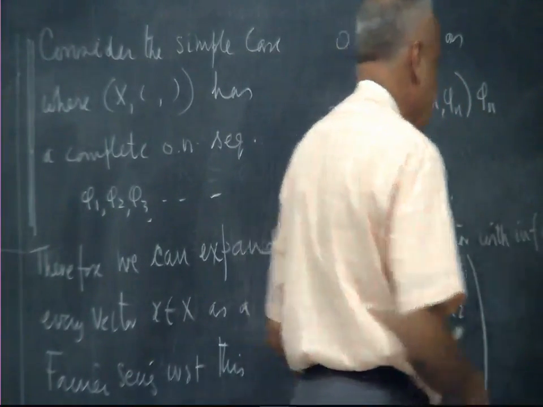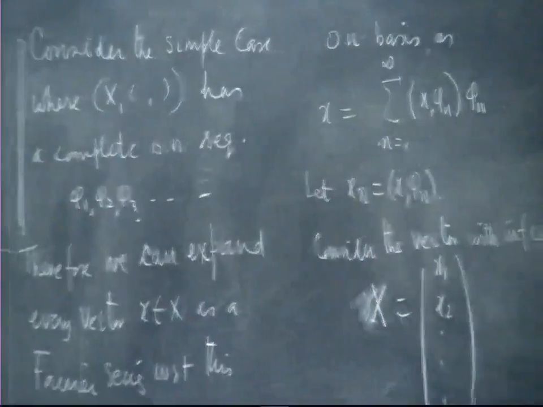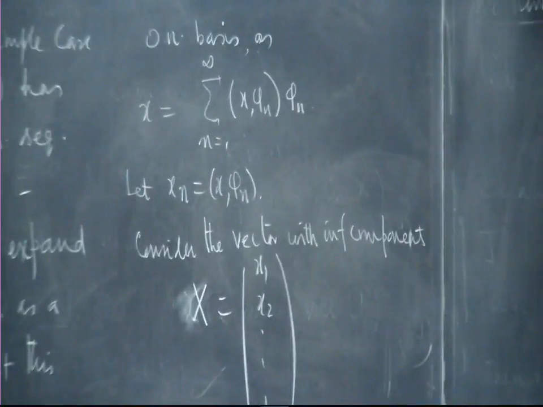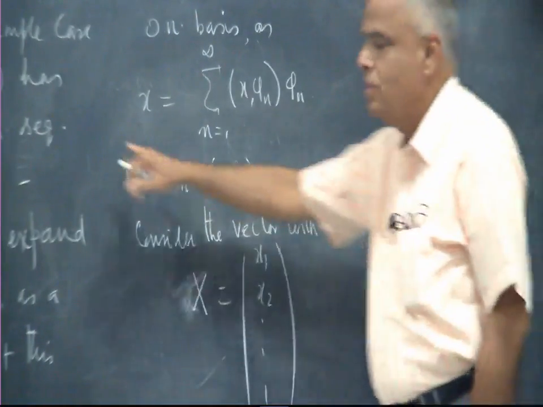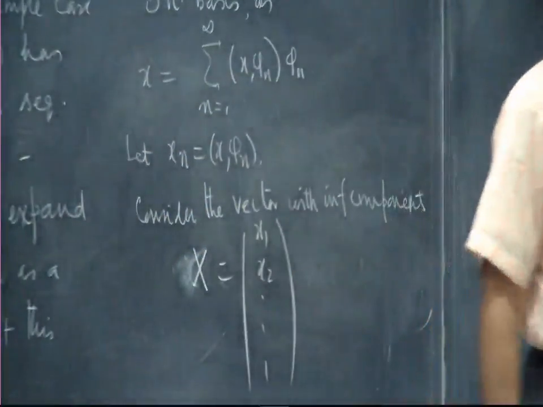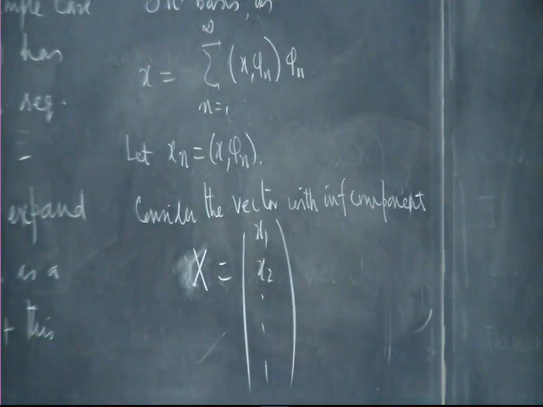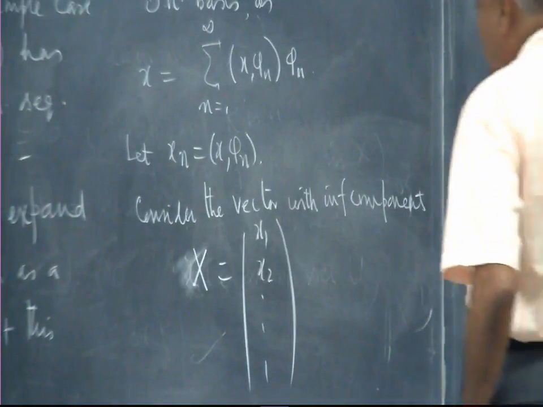What does that mean? If you are given an orthonormal sequence as a basis, starting from every vector, you can construct a sequence of numbers.